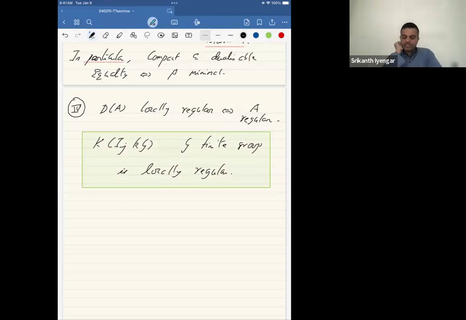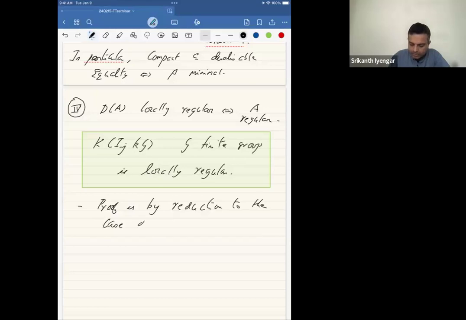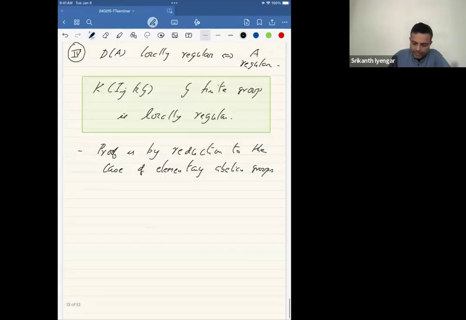I'm not saying much about how to prove it, but the proof is by reduction to the elementary abelian case, and then dealing with the case of elementary abelian groups. For the elementary abelian case, one can go from the homotopy category of K-ing of kE.